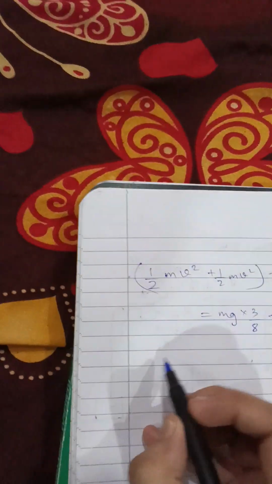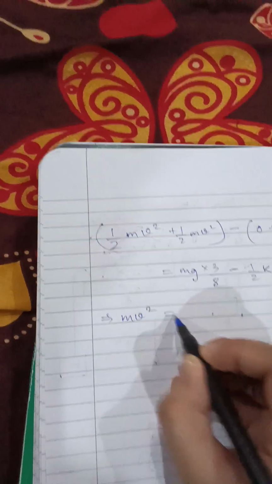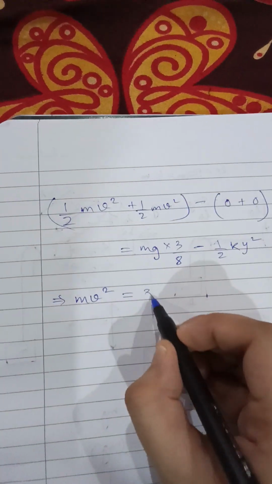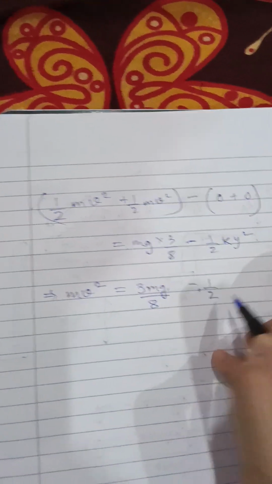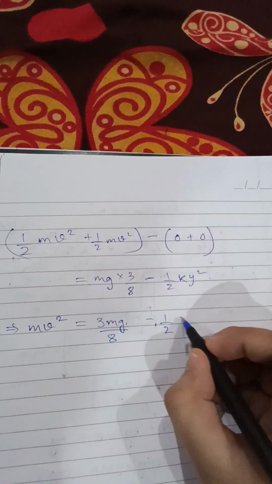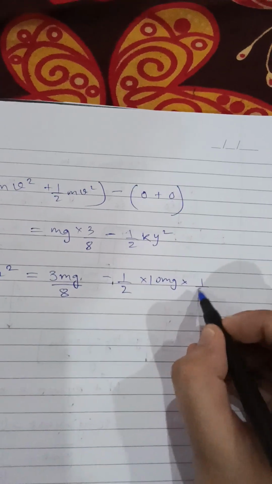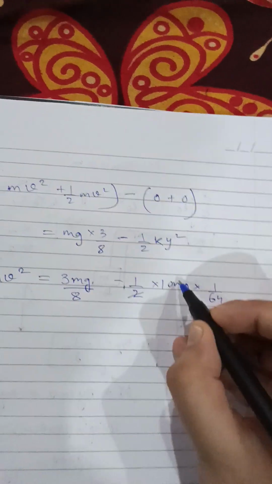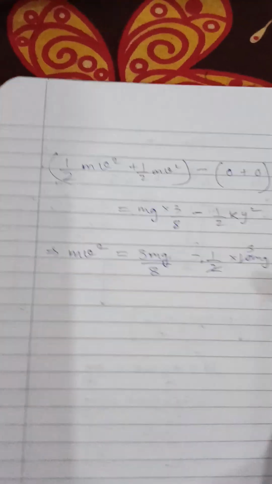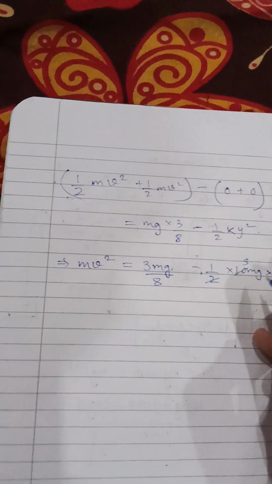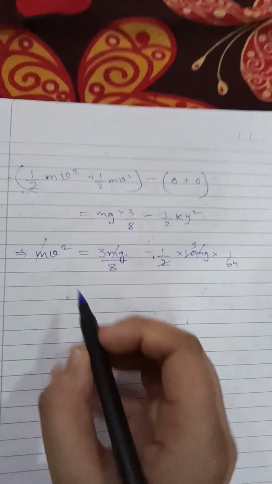And now we write that mv squared is equal to 3 mg by 8 minus half, and k we know is 10 mg, and y we know is 1 by 8, so I will directly write 1 by 64. This and this cancel off and become 5, and m from LHS and RHS gets cancelled off as it's common in all the terms of the equation.